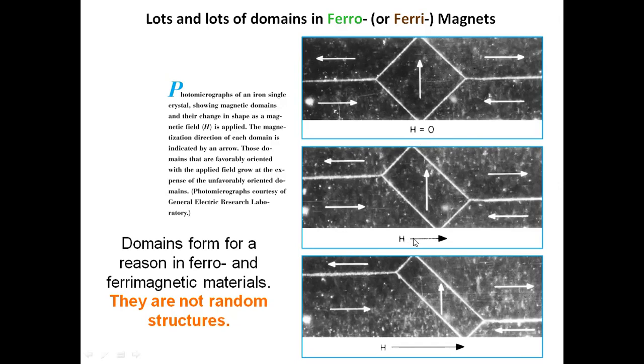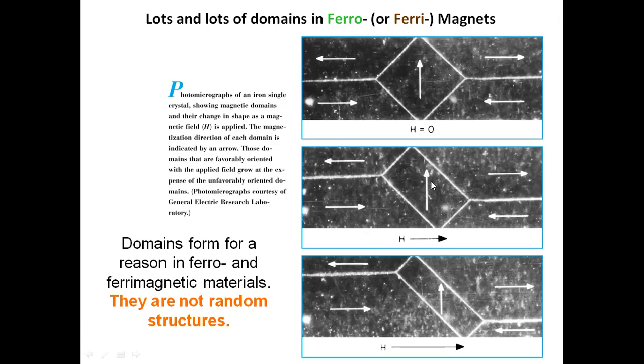If we apply a magnetizing force to a certain extent, these are the magnetic domains. The magnetizing force is an external magnetic field, a small external magnetic field applied. As I told you earlier, domains are nothing but small regions in which the magnetic moments or dipoles are oriented in a particular direction.